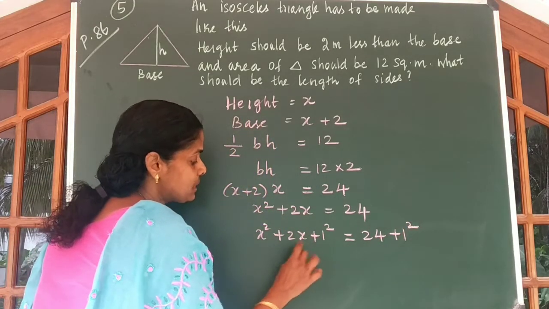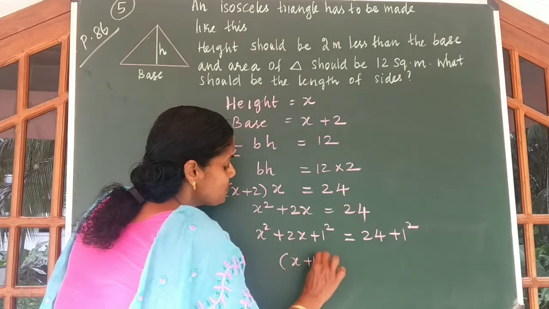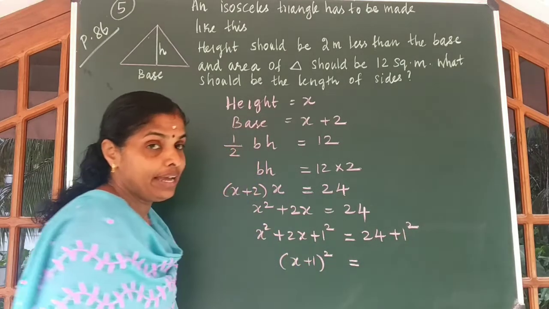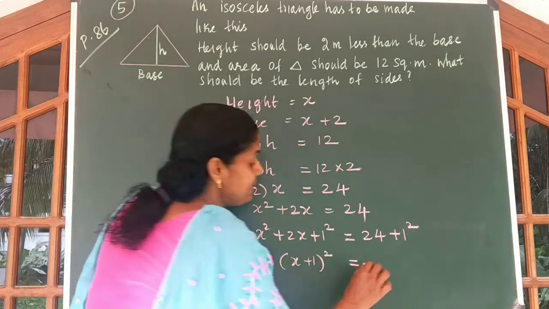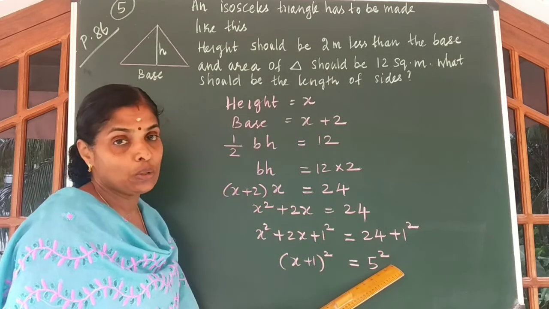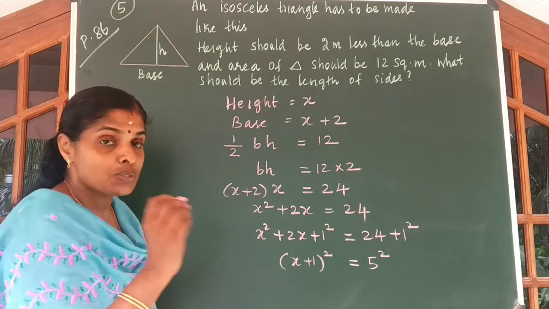Now this is the expansion of x plus 1 the whole square. This is equal to 25. 25 is nothing but 5 square. Now we have square terms on both sides. So let us take the square root.